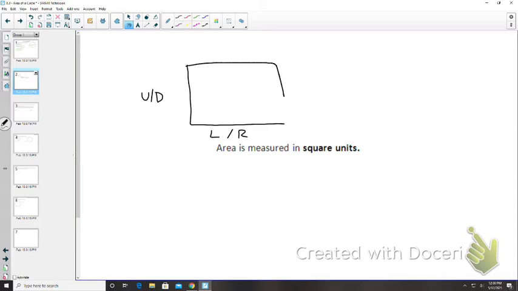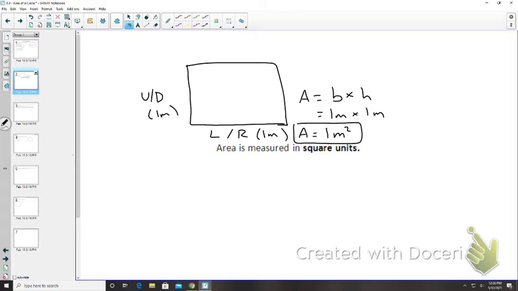If this is 1 meter long and 1 meter long, the area is equal to base times height, which is 1 meter by 1 meter, which is 1 meter squared. So area is in square units. Make sure you include units with all of your answers, because a number without a unit is just a number.